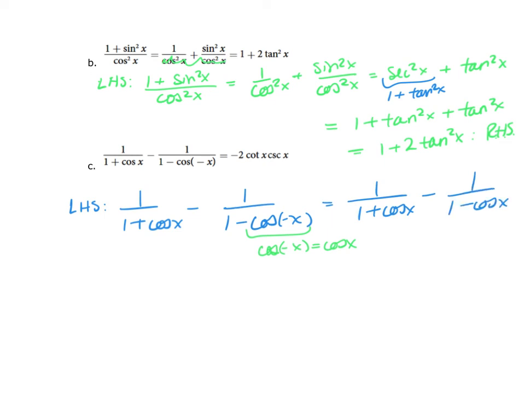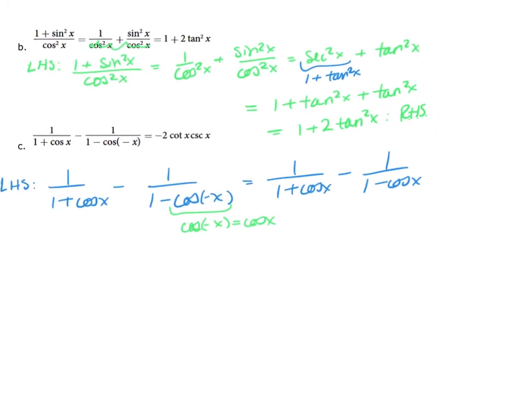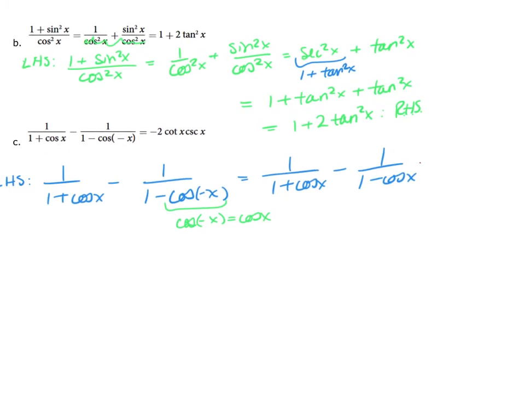Now I'm going to take these two fractions and combine them into a single fraction. The way that I'm going to do that is I'm going to multiply by what's missing to get to the LCD, which on the first fraction is 1 minus the cosine of x, and on the second fraction is 1 plus the cosine of x.